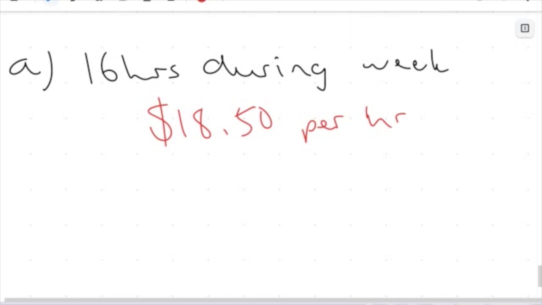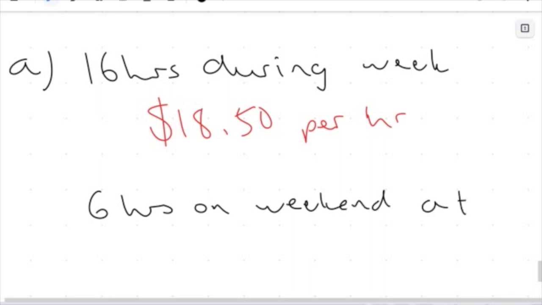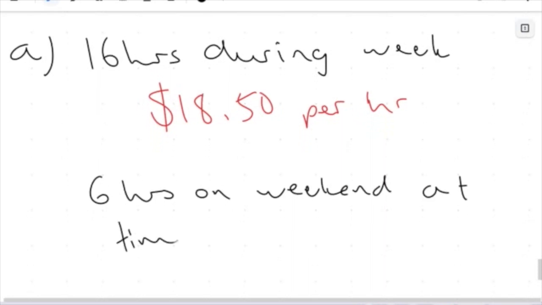Anything per hour, we're looking at a wage. You also work, in addition to these 16 hours, 6 hours on the weekend at time and a half. We want to calculate how much you have made this working week.